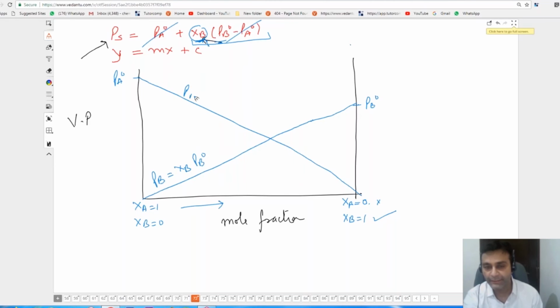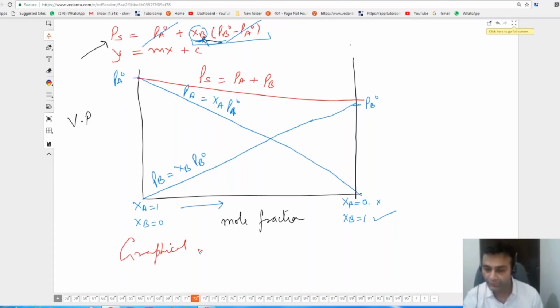And this is PA equal to mole fraction of A into PA naught. And now if I join these two things here, this is the total pressure of the solution, that is equal to A plus B. This is the graphical representation of Raoult's law.